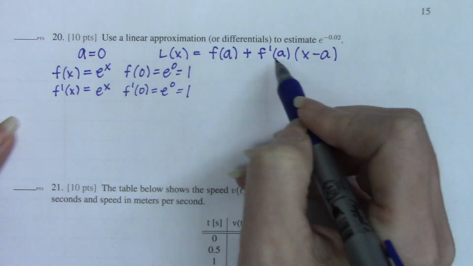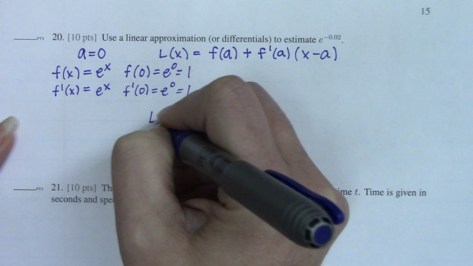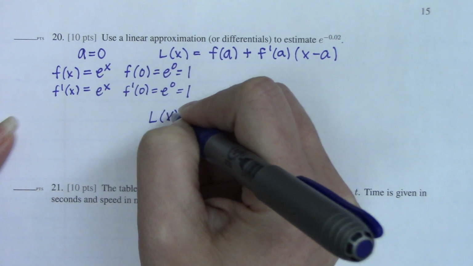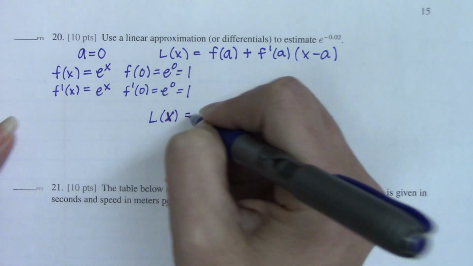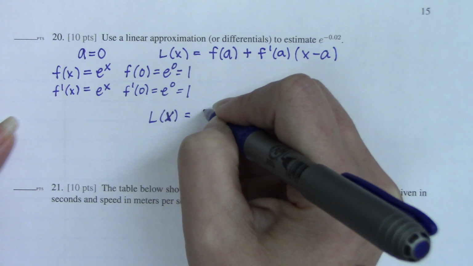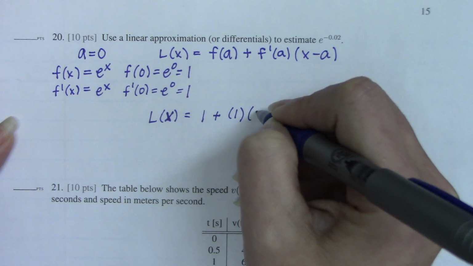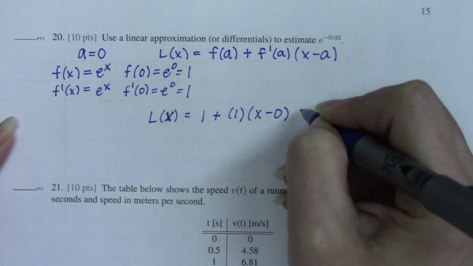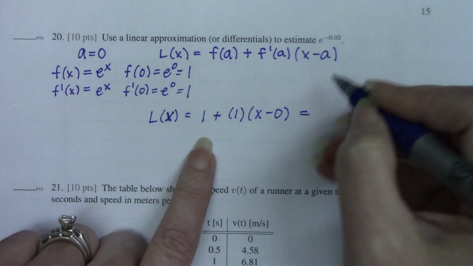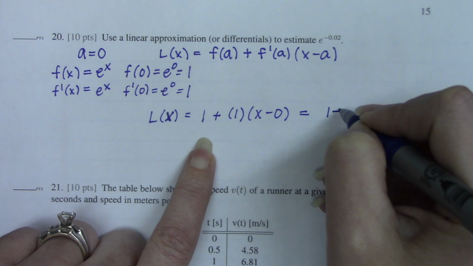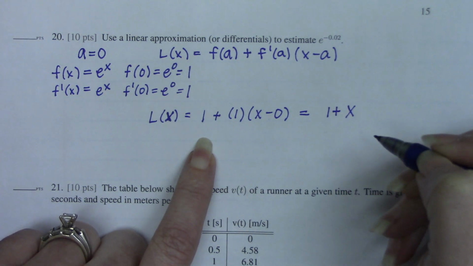Now we have all of the information that we need. So L of x is going to be f of a, which is 1, plus f prime of a, which is 1, times x minus 0. If we clean this up, this simplifies into 1 plus x.